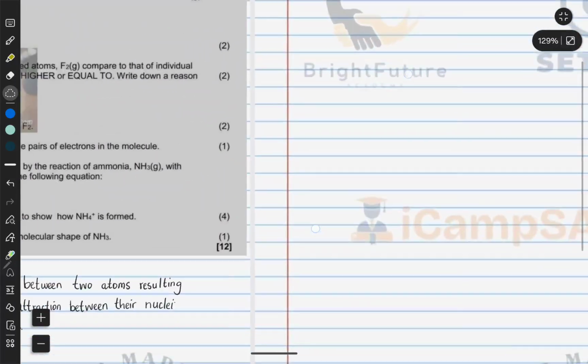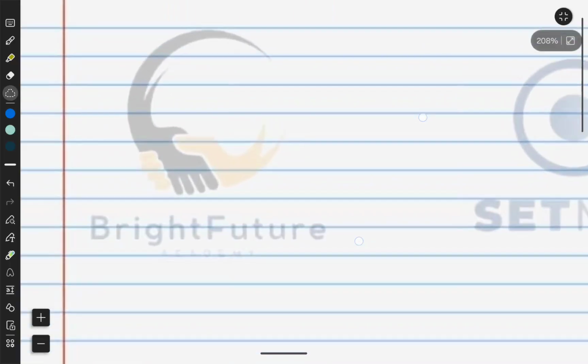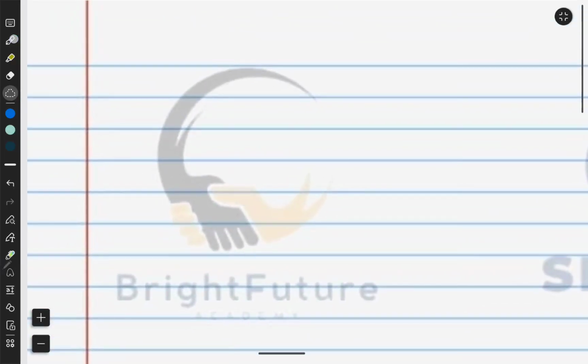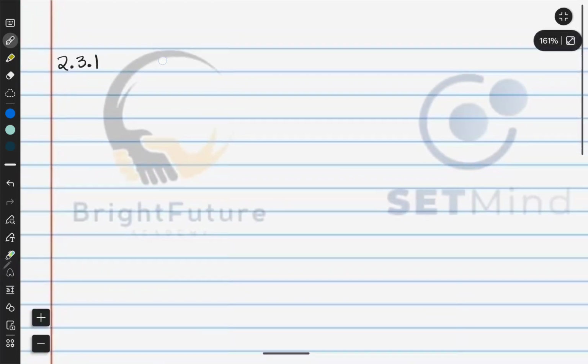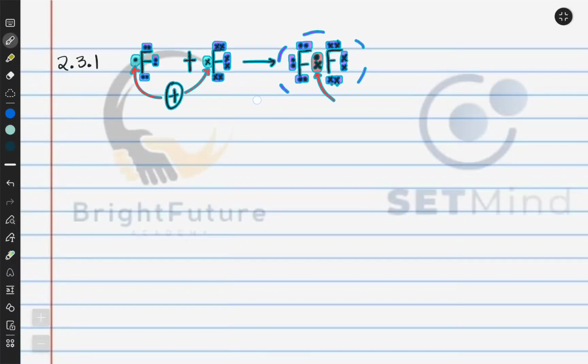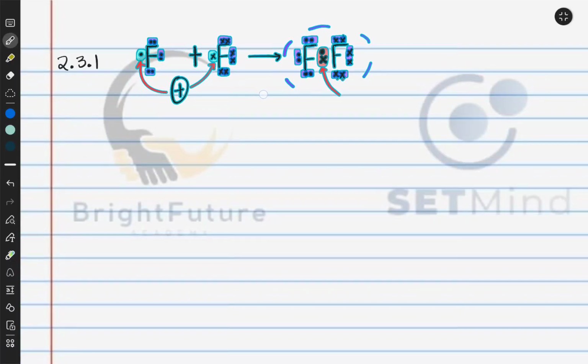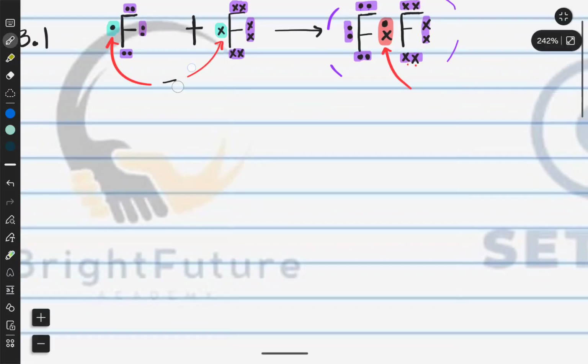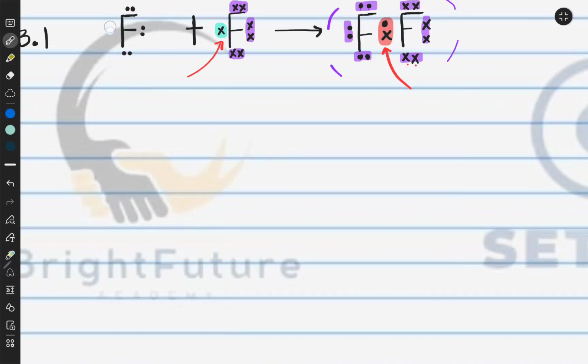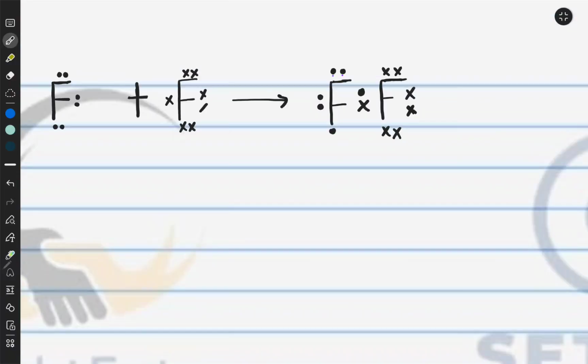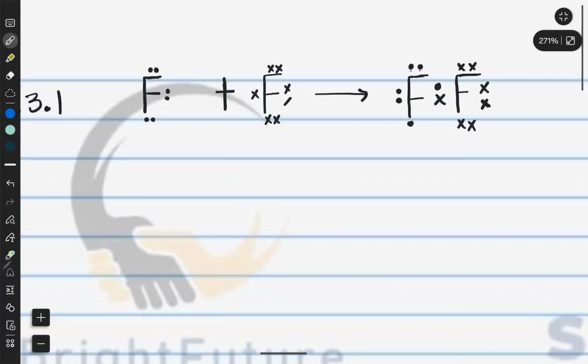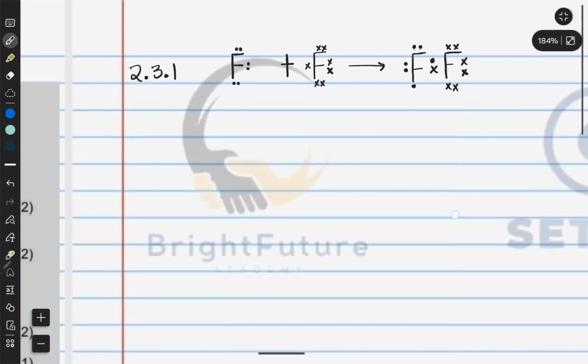So we can just bring that here. That's 2.3.1. You won't be penalized for drawing the whole thing. You don't have to highlight these ones. Alright, so this is how the Lewis dot diagram will look like.